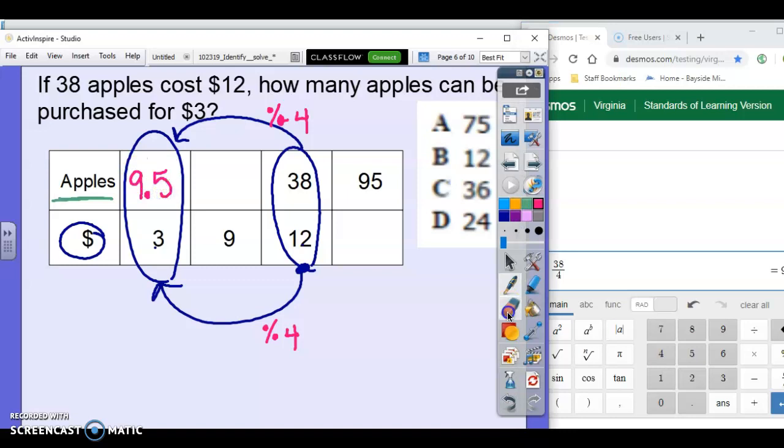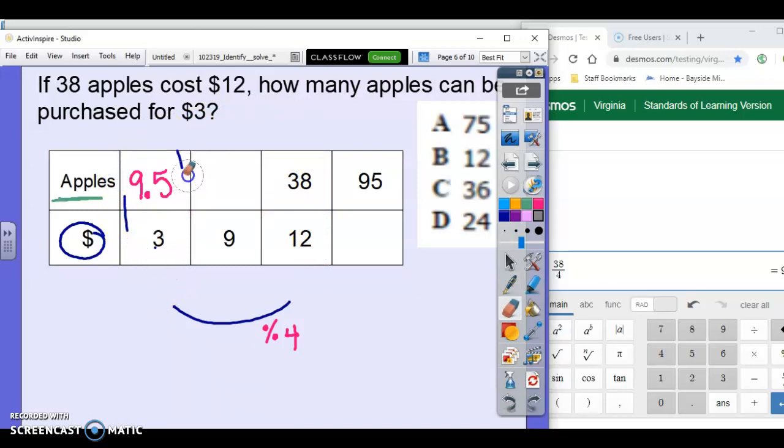So we have 1 squared away. Let's get rid of all that marking and try to find another empty box. Now we may be able to solve this missing box right here. We're going from here to here. So how would we go from 3 to 9? Yep, times 3. And whenever we do the bottom, we're going to do the top.